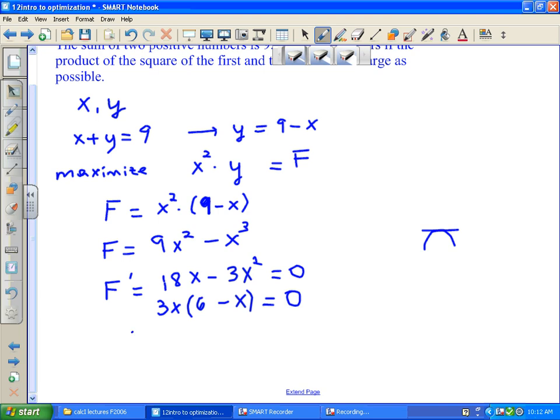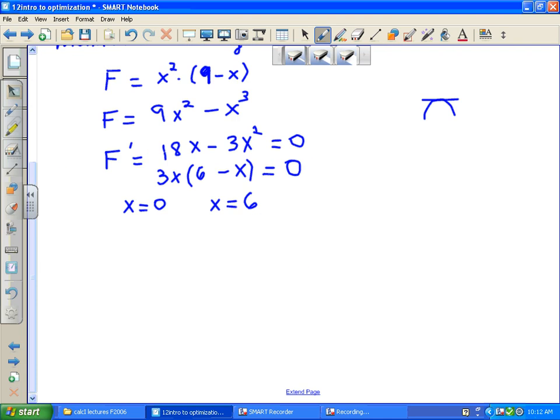You get x is equal to 0. And what do you get from the second one? x is equal to 6. Okay, if x is 0, what is y? Because earlier we said y is equal to 9 minus x. If x is 0, y is 9. And if x is 6, what is y? 3, right?